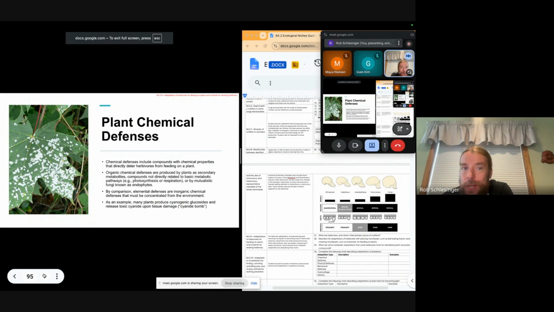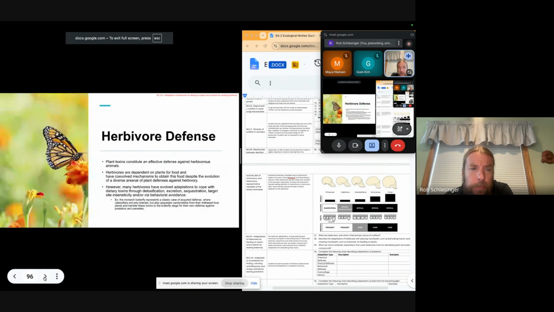So plants can secrete chemicals, and this can detract from the feeding of herbivores, but it also can inhibit the growth of other plants near it. And so for whatever reason, I've seen this popping up more and more in exams, this notion of a plant's chemical defense mechanisms, which again, I think is called allelopathy, but I'll look it up as well.